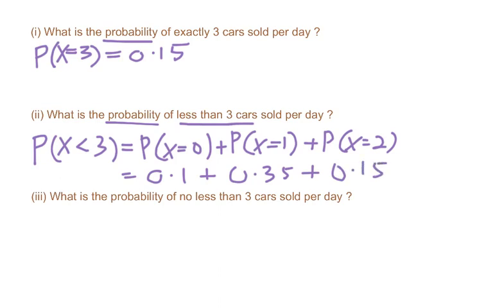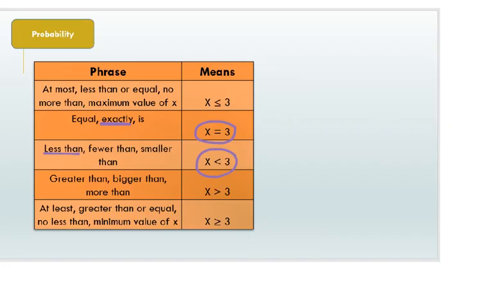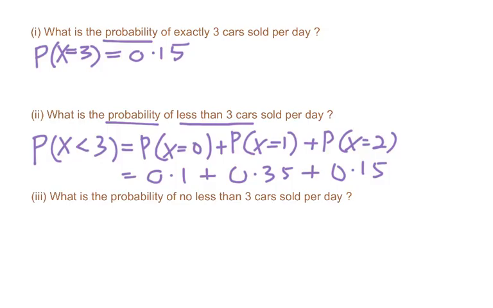Let me check whether it's correct or not. Yep, it's correct. Now after we substitute the values, we can calculate the probability. 0.1 plus 0.35 is 0.45. 0.45 plus 0.15, you will have 0.6. So that is the probability of less than 3 cars sold per day.